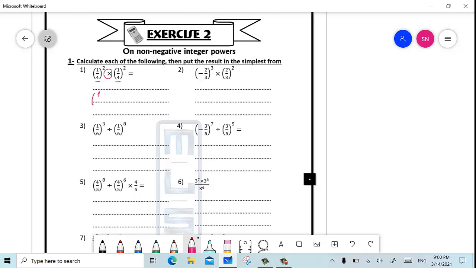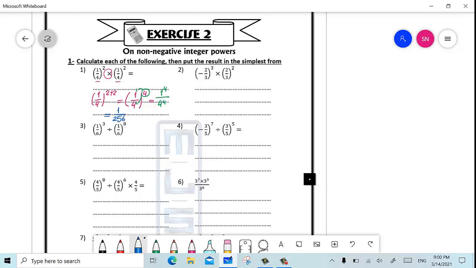So I'm going to have 1 over 4 to the power of 2 plus 2, which is equal to 1 over 4 to the power of 4. Again, here now I'm going to distribute the 4 on the numerator and on the denominator. So I have 1 to the power of 4 over 4 to the power of 4, which at the end is going to equal 1 over 256.